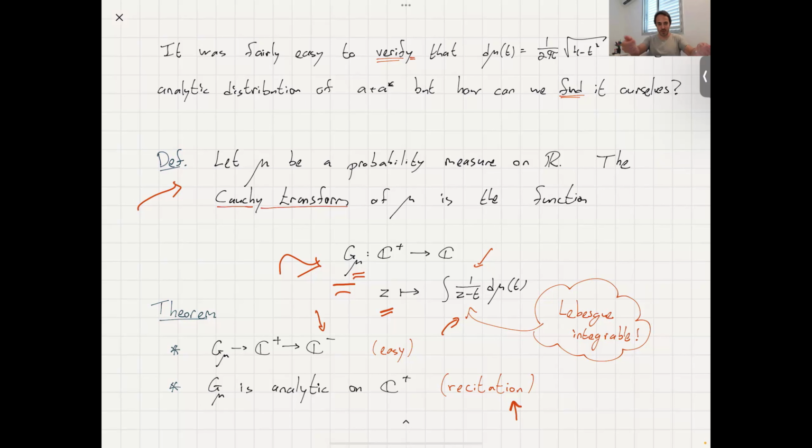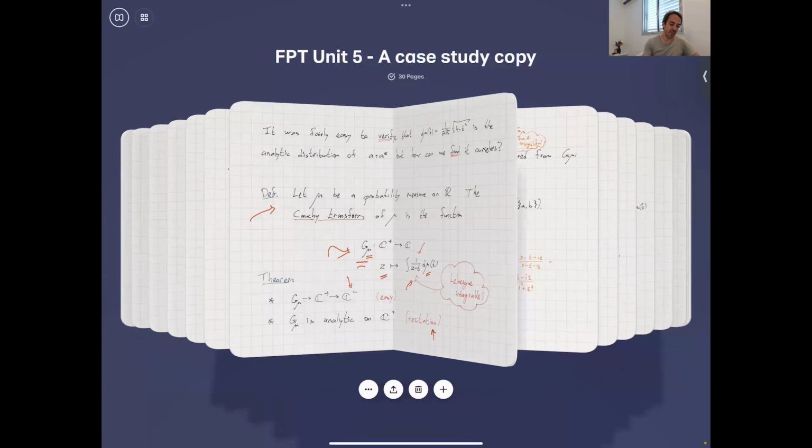And secondly, you can always go back. You can get mu back. But it's not trivial to see how. If I give you G mu as a function, so I'm not giving you d mu(t), I just allow you to evaluate G mu at every point that you would like, it's not clear how to get mu back. And indeed, that's a theorem.